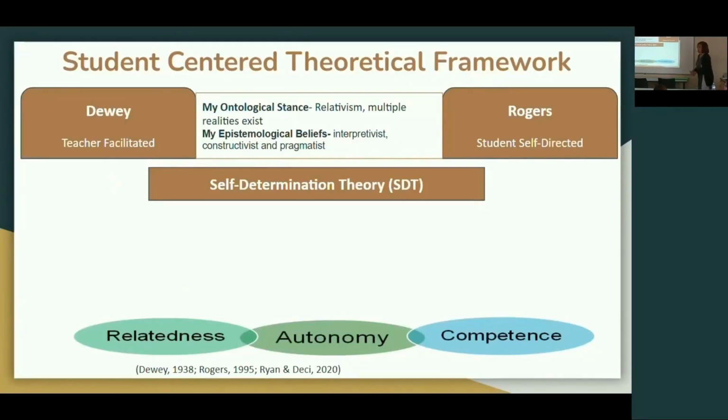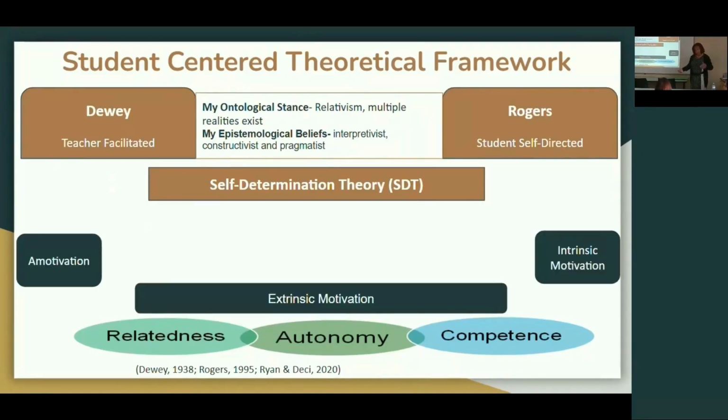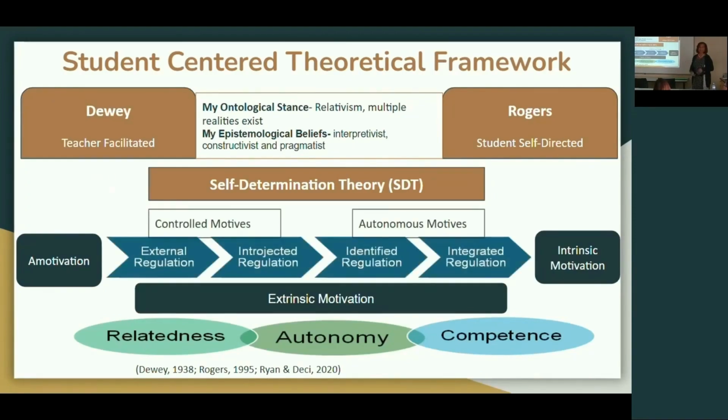One, that students feel competent, that they have a sense of autonomy, and that they have a sense of belonging through relatedness. But what's also different about their theory and others is that they felt that motivation was on a continuum, starting with amotivation, where students don't have any motivation at all, through four stages of controlled and autonomous motives, or extrinsic motivation, which eventually led to intrinsic motivation.